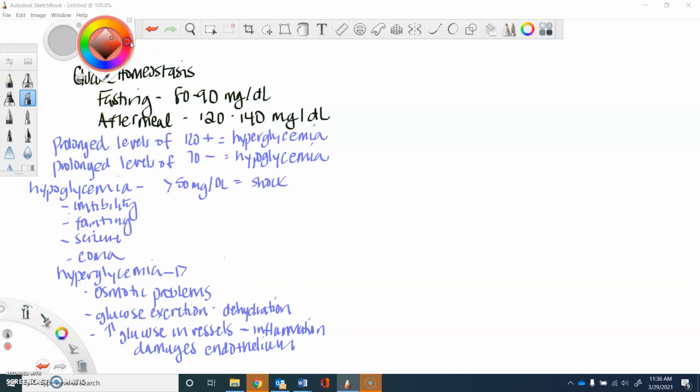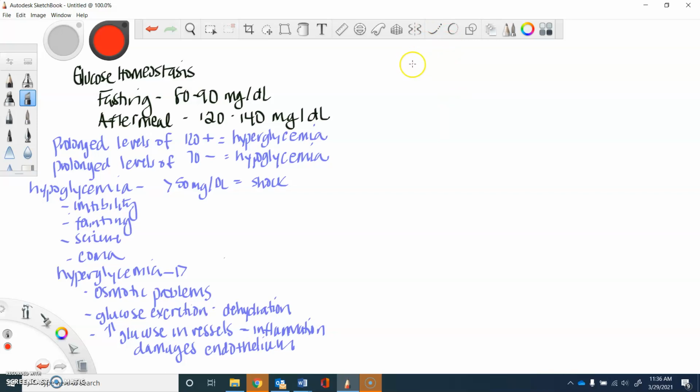So how do we get it? How do we get glucose into the cell? Let's see what I've got here. There we go. All right, so let's look at insulin secretion. Where do we get it?